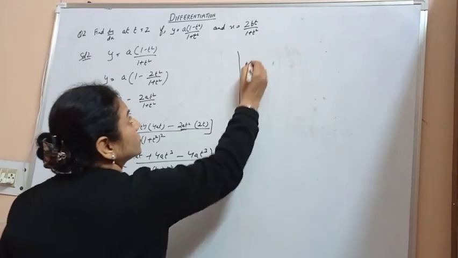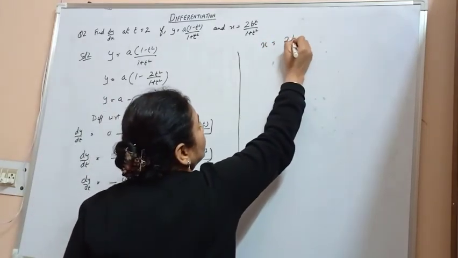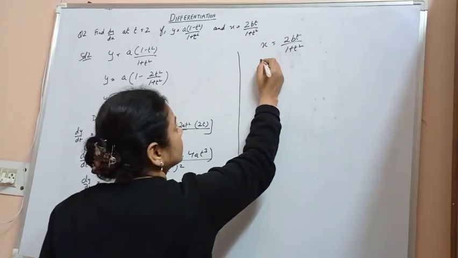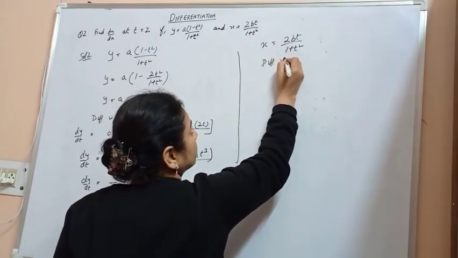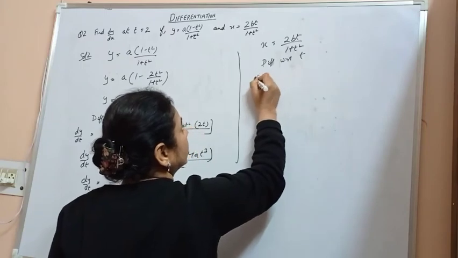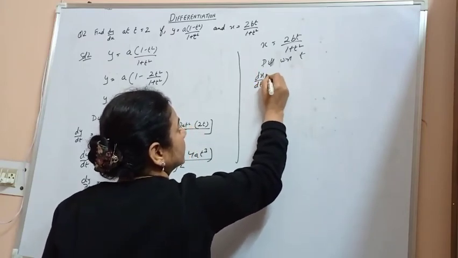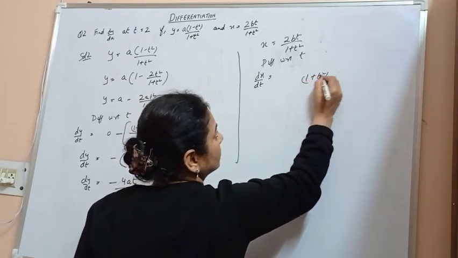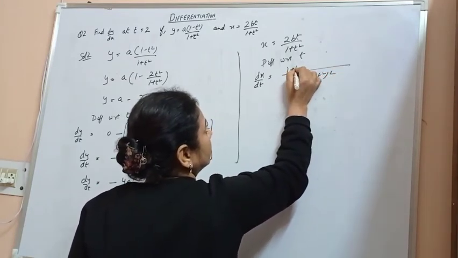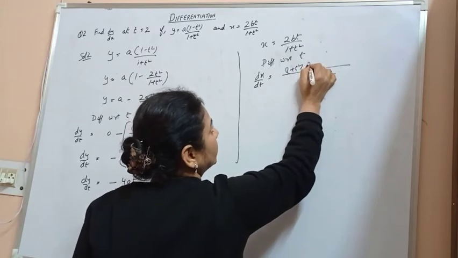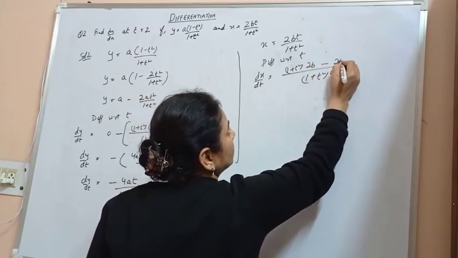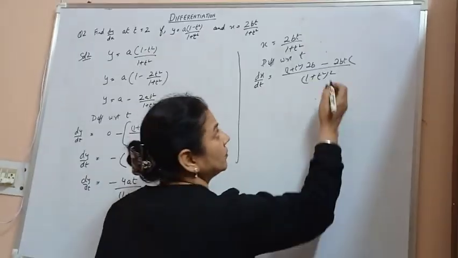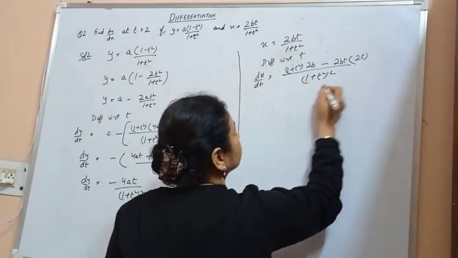Calculate for x also. X is equal to 2bt upon 1 plus t square. So differentiate both sides with respect to t. I get dx by dt is equal to, apply the quotient rule, 1 plus t square whole square, denominator into derivative of numerator minus numerator into derivative of denominator. As the derivative of 1 plus t square is 2t only.